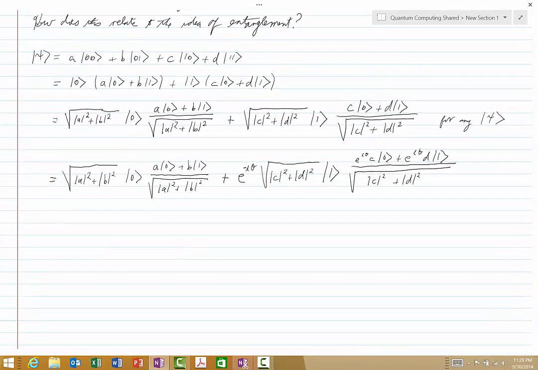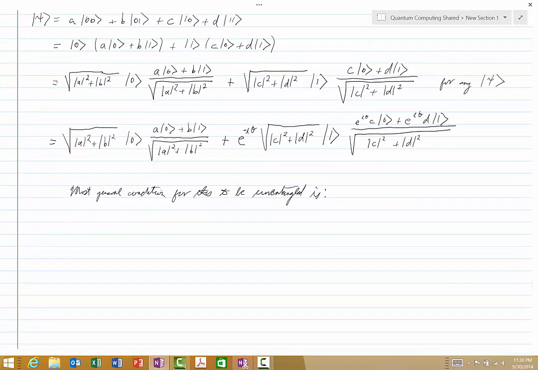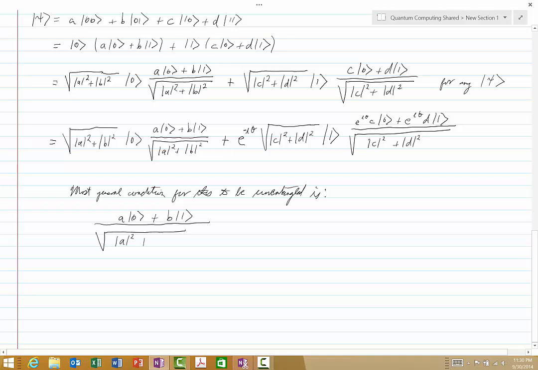Then we get our most general condition for this to be unentangled, which is (a|0> plus b|1>) over the square root of the magnitude of a squared plus the magnitude of b squared is equal to (e to the i theta c |0> plus e to the i theta d |1>) over the square root of magnitude of c squared plus magnitude of d squared.